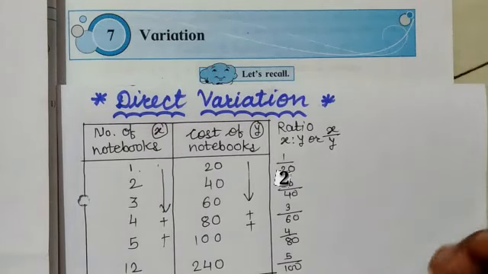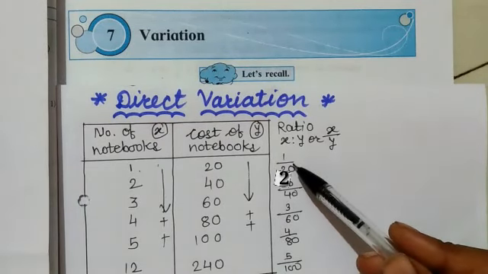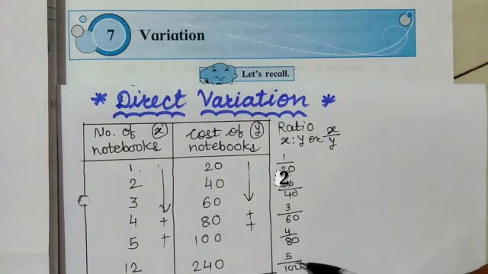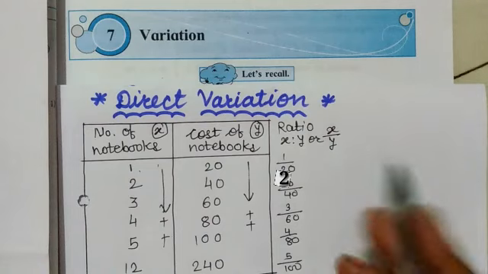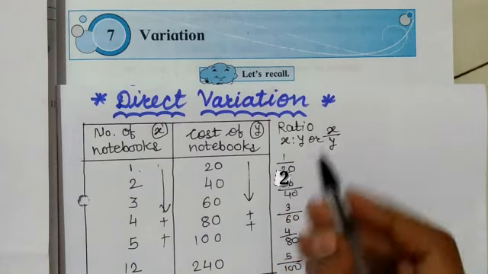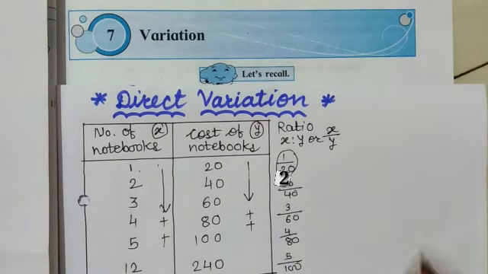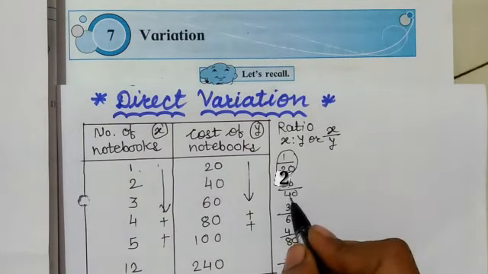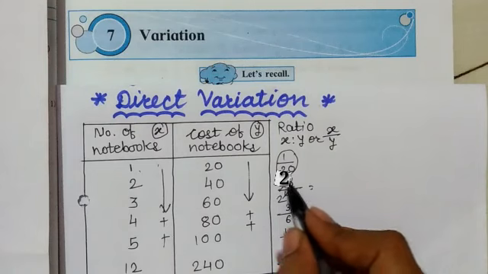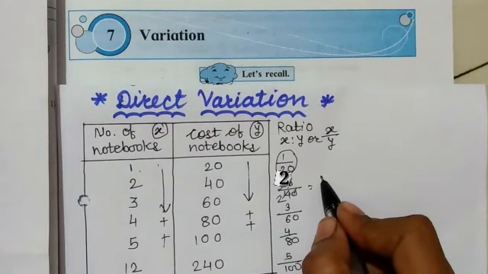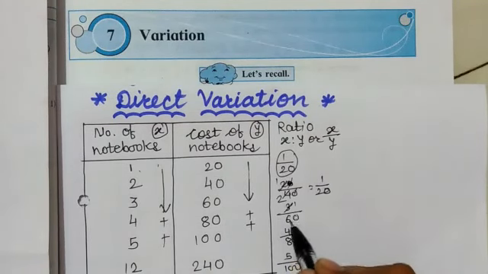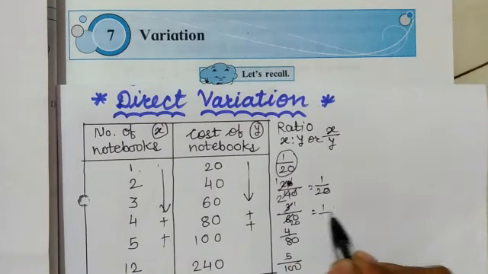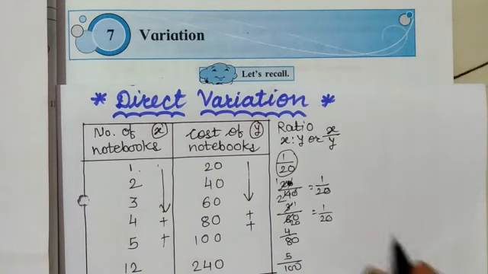But students, if you look carefully, you can see that there are different numbers in the ratios. But actually, all these have the same ratio. Let's see. This 1 upon 20 is the basic ratio. Then 2 ones are 2, 2 twos are 4, so writing this fraction in the shortest form, the answer will be 1 upon 20 only. 3 ones are 3, 3 twos are 6, in the shortest form that is also 1 upon 20.